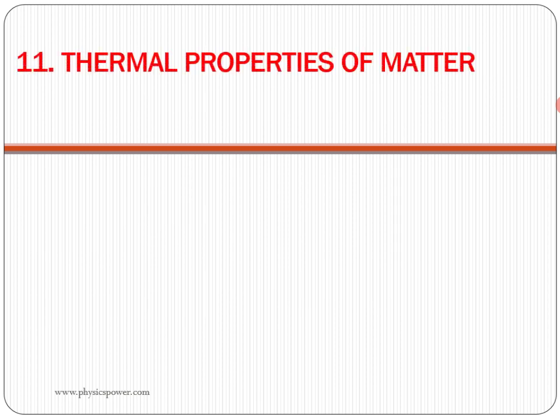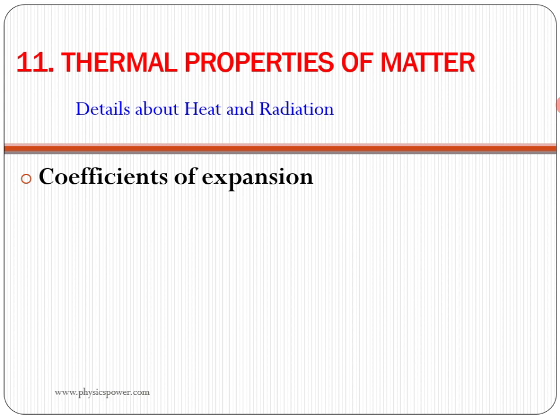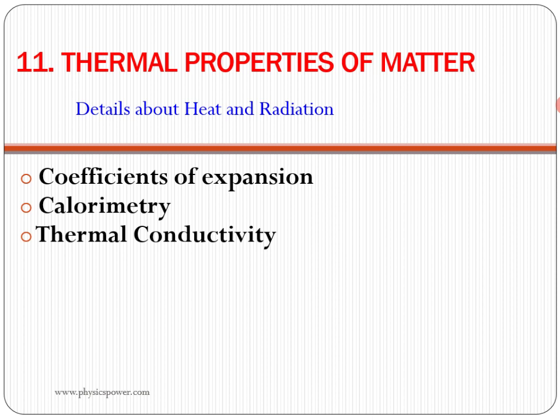11th lesson, thermal properties. So mechanical properties over. Now in thermal properties we are going to learn about heat and radiation. In that, due to heating the material will expand. So coefficient of expansion, linear expansion, area expansion, volume expansion concepts, and calorimetry, means heat can neither be created nor destroyed.